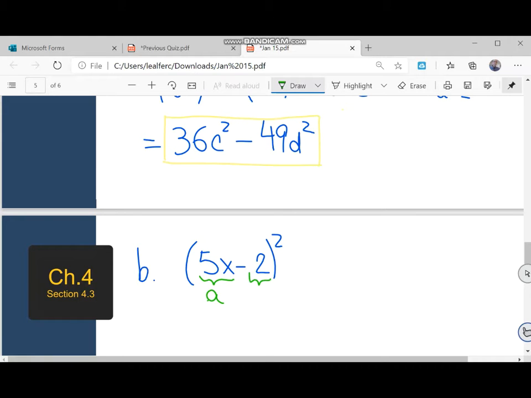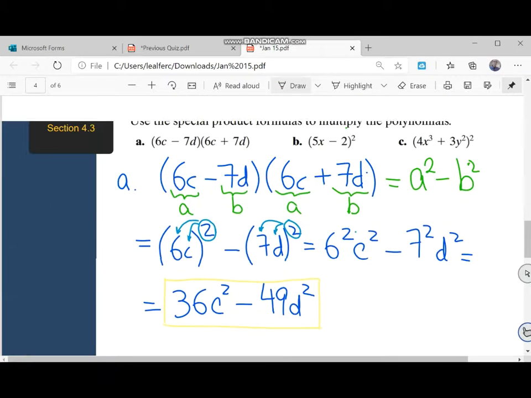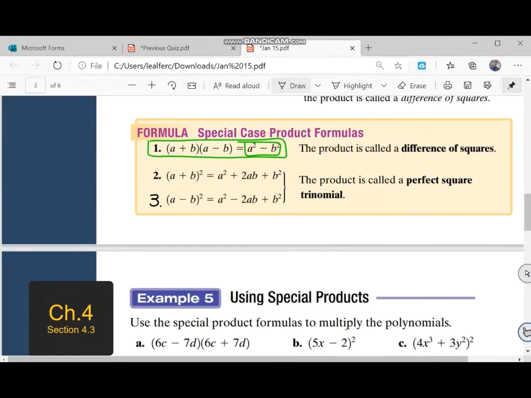And 2 is going to be the B of the formula. Now check which case is this? A minus B squared. So go back to the formula. A minus B squared is going to be this one, right? And the formula is A squared minus 2AB plus B squared.